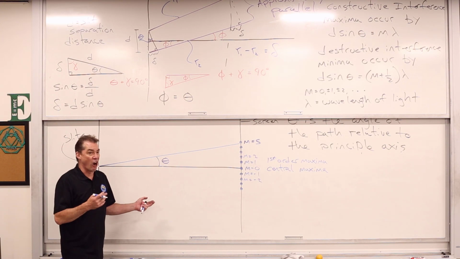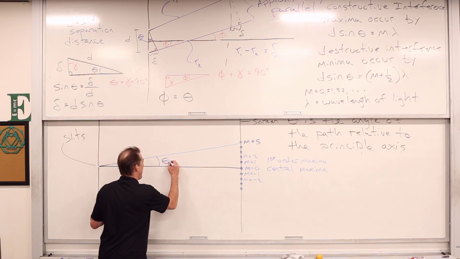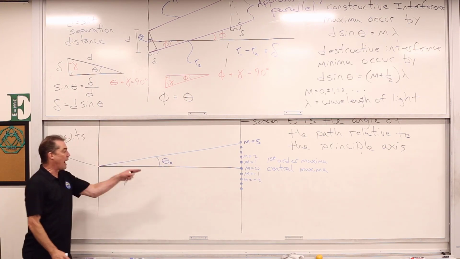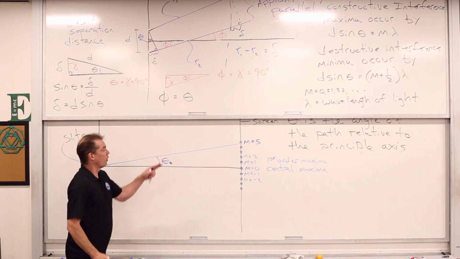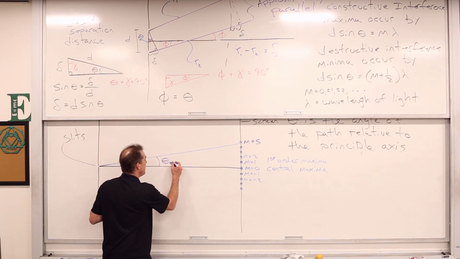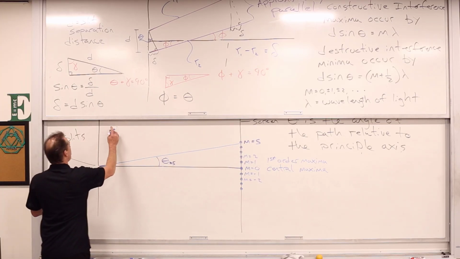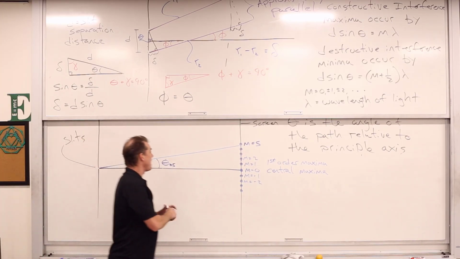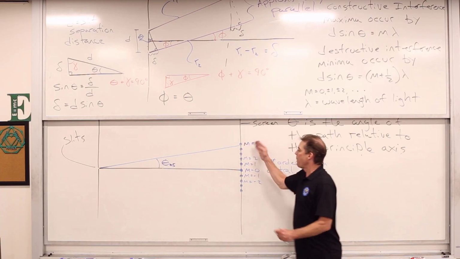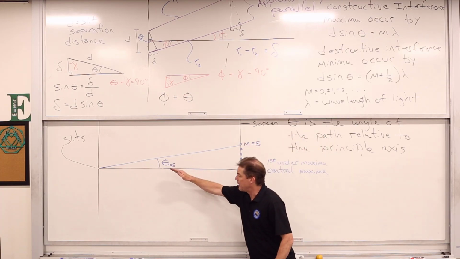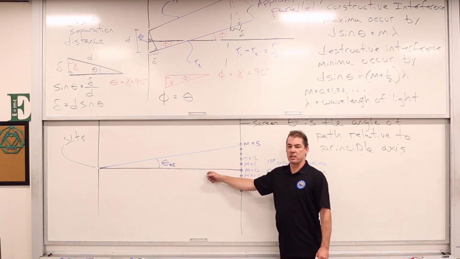So we use bright and dark. I'll say theta sub b for bright, and then it correlates with the 5th order maxima, so I'll call it theta b5. Theta b5 is the angle at which the 5th order maxima occurs, measured from the principal axis.